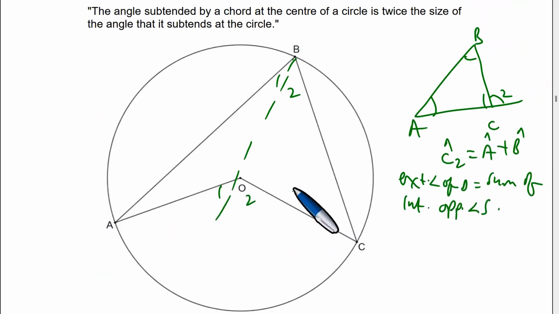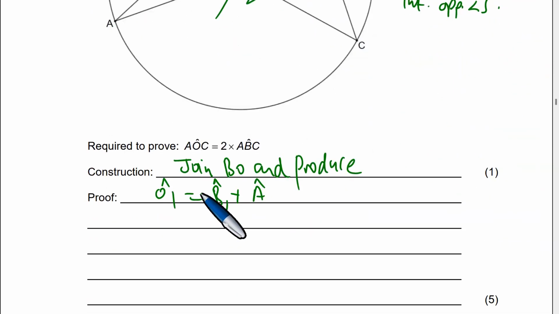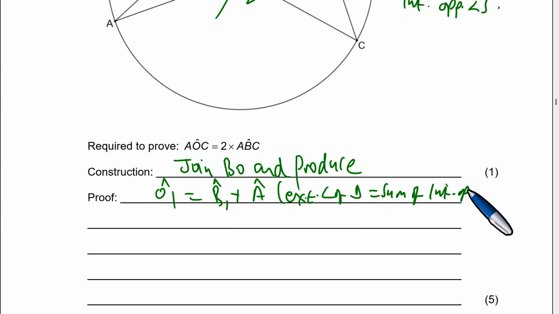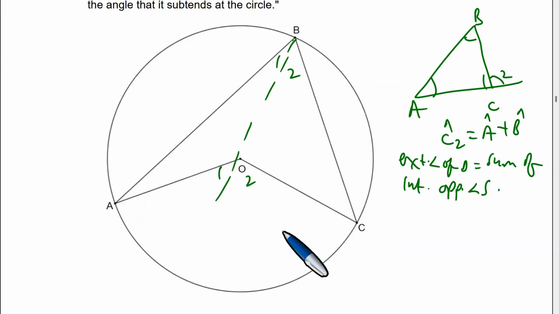Angle O1 is B1 plus A, like in grade 10. This angle is equal to this plus this. Why? Because the exterior angle of a triangle is equal to the sum of the interior opposite angles. Then you have O2.